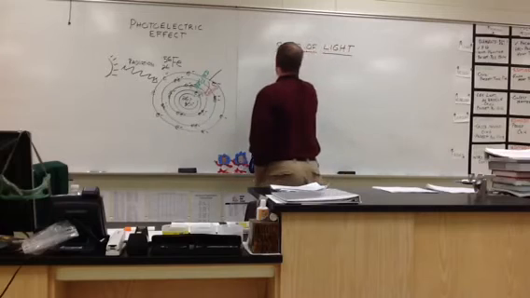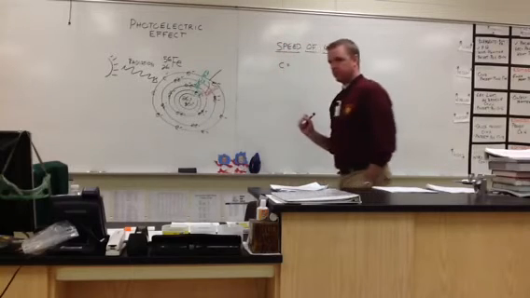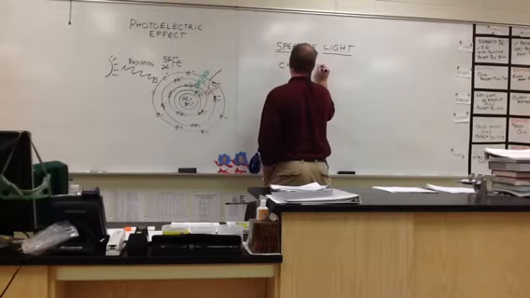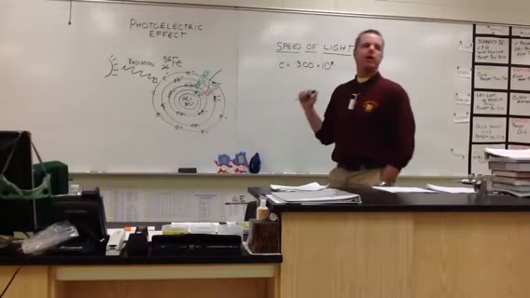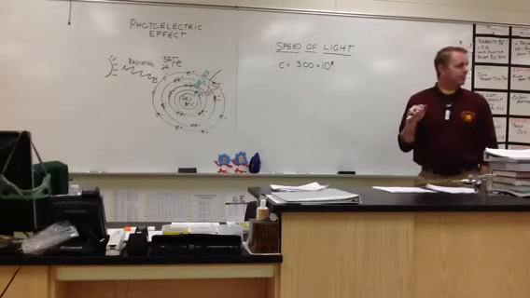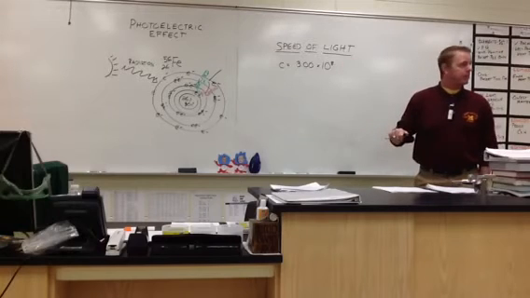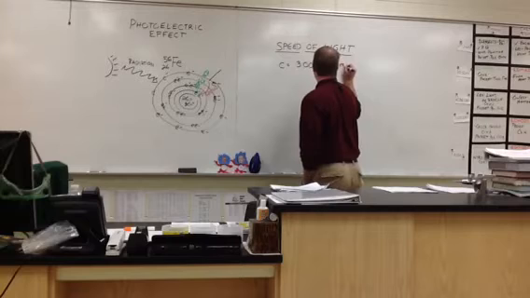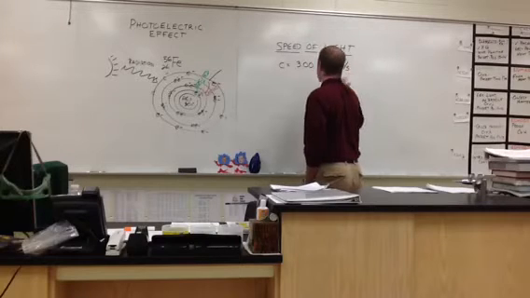And c equals 3.00 times 10 to the 8th. So is that a big number or a small number? Yeah, it's 300 million. So 3.00 times 10 to the 8th meters per second.